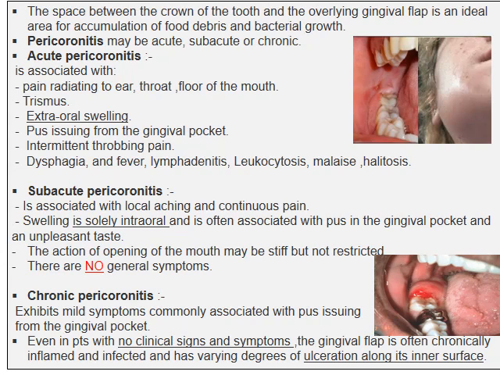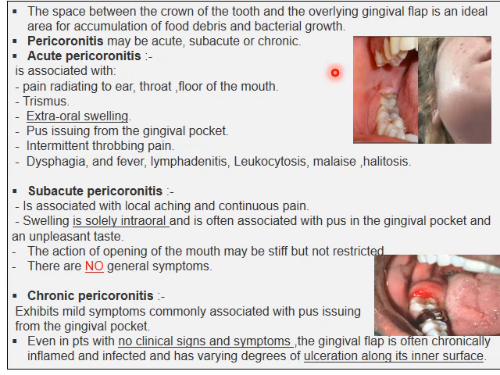In addition to that, there are systemic or extraoral manifestations in the case of acute pericoronitis, like dysphagia, the patient can't swallow, fever, lymphadenitis, inflammation of the lymph nodes, leukocytosis, elevation in the count of white blood cells, and this is a normal reaction, malaise, halitosis, a bad smell from the mouth, because the patient can't clean or wash his mouth, he has pain, and can't eat.